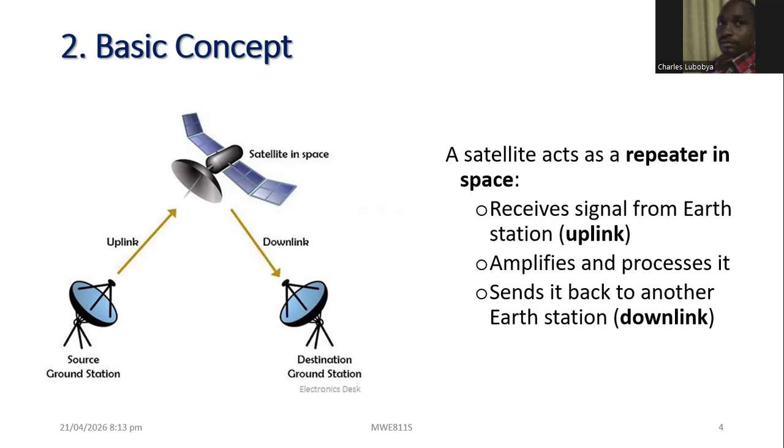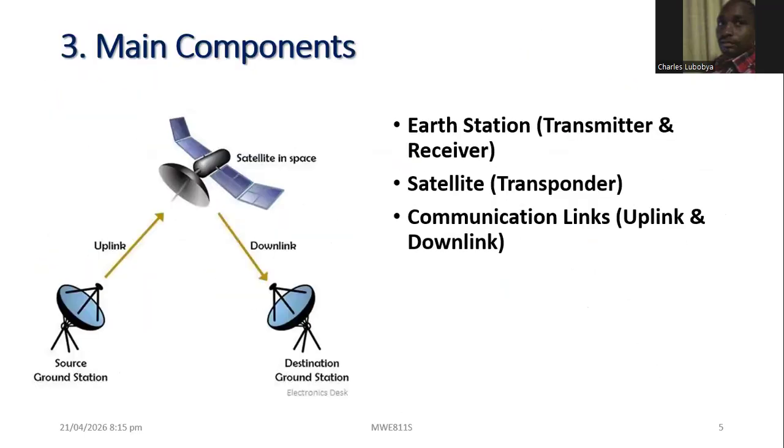The next thing that I want us to discuss is now the components. There are three main components of the entire satellite system. You need to have Earth stations, which will house the transmitter and the receiver. And these Earth stations could be one or two. In most cases, there are two.